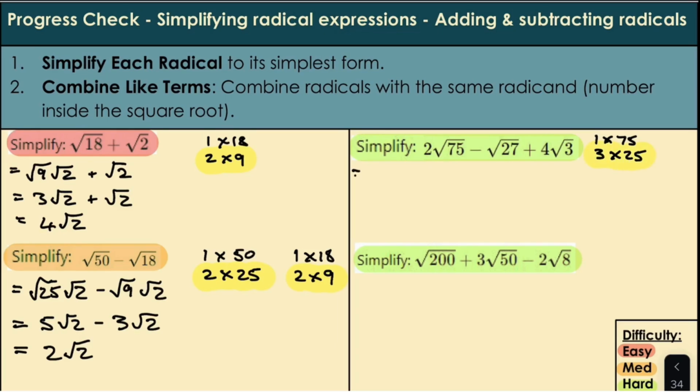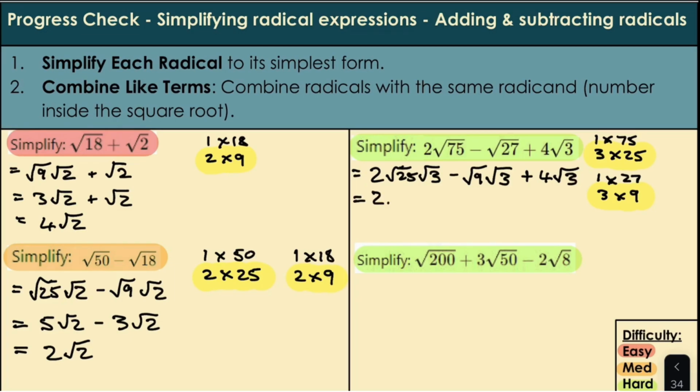So we're going to have 2, then root 25 times root 3. Then we have our root 27. So let's do some factor pairs for 27. Aha, our square number 9. So we're going to break it up and have root 9 root 3. And then we have our 4 groups of root 3.